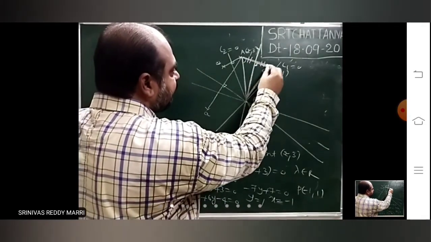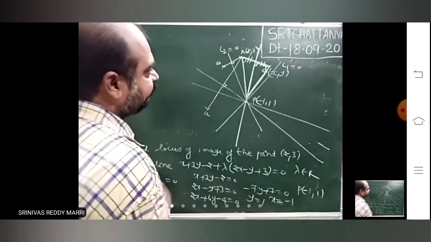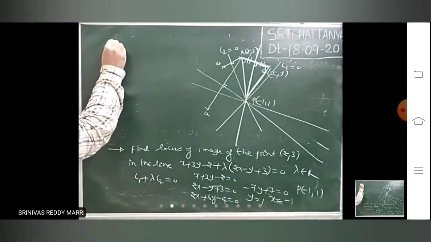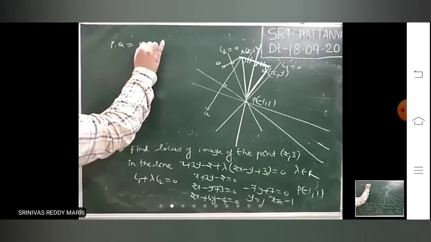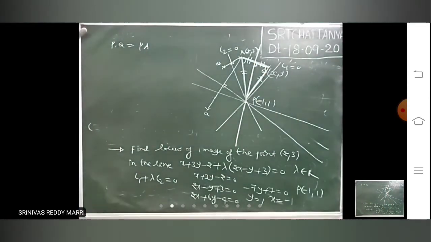That means this angle will be equal to this angle. Therefore PA and PQ will be equal, because in the isosceles triangle these are the equal sides. Therefore, PQ will be equal to PA.